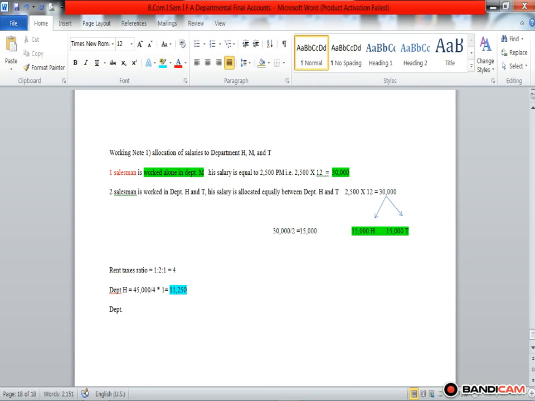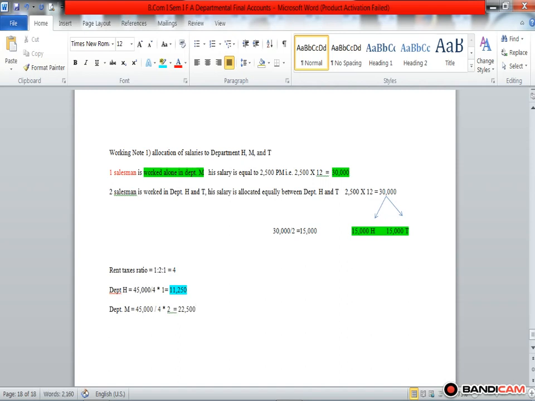Now we find out department M. It is equal to 45,000 divided by 4 multiplied by 2. So the amount is equal to 22,500.